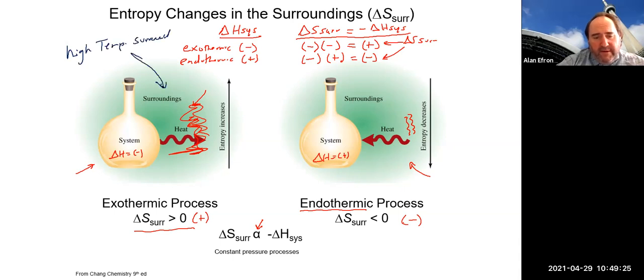If our surroundings is already at a really high temperature, the energy that's coming off from the reaction and adding to our surroundings is probably not going to make that much of a dramatic effect because our surroundings are already super high, right? So that energy coming off from the reaction is going to add to it. But overall, we already started at such a high level of craziness that the extra energy coming in is probably not going to make that tremendous amount of difference.